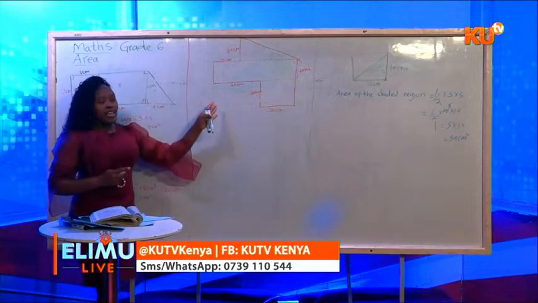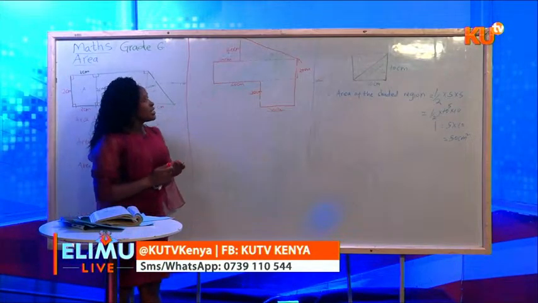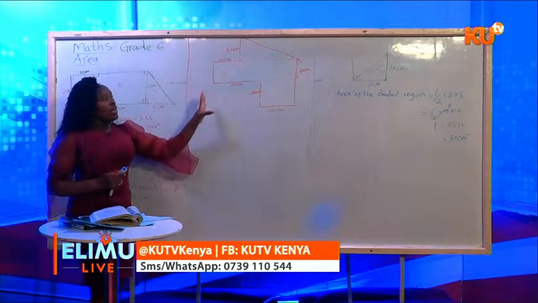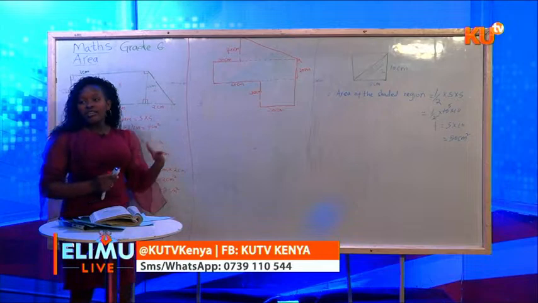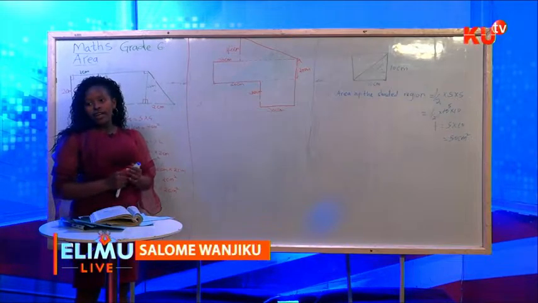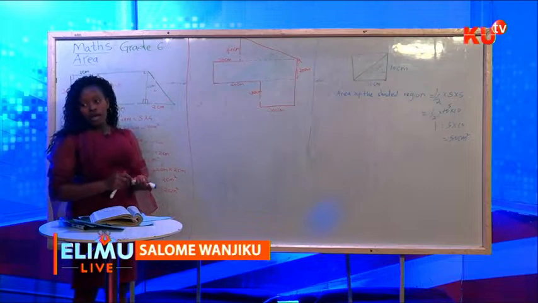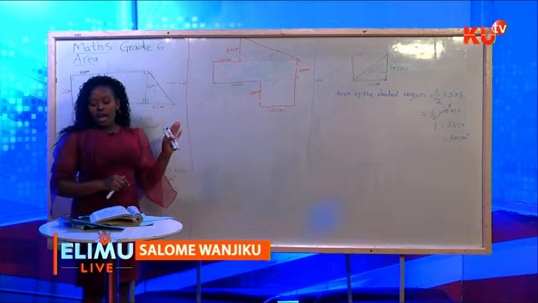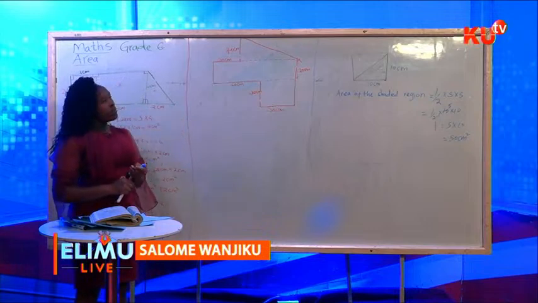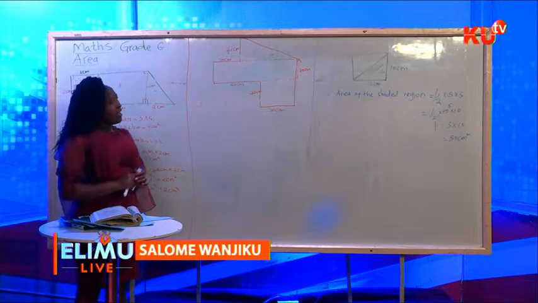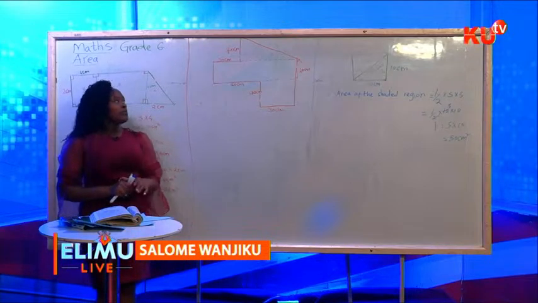So this is the sum that I want us to look at. The diagram is drawn for us here. We have got the measurements which are written for us, and some others are not written for us. So we are supposed to find them out so that we can work out this sum correctly. So we ask ourselves which measurements are there and which ones are not there.